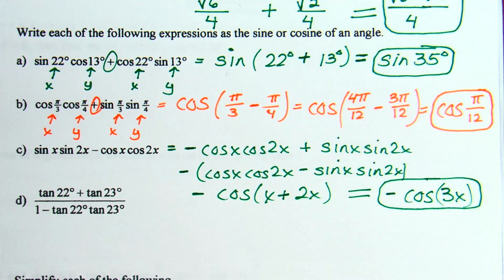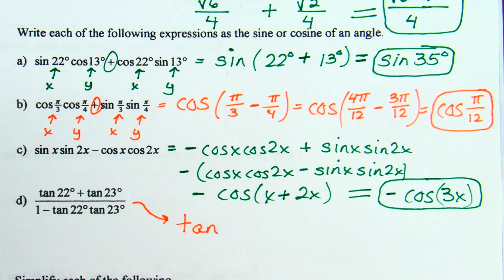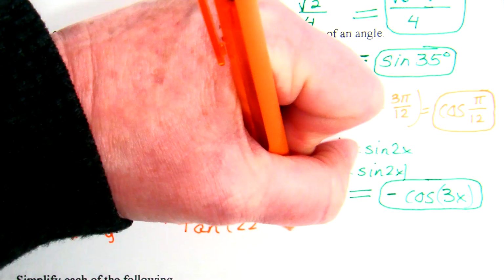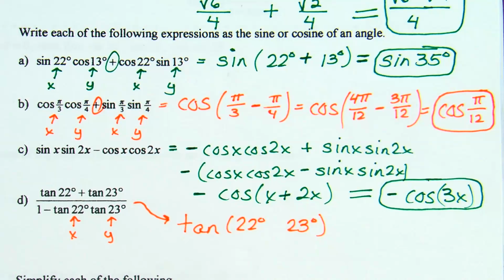Okay, D. Officially, the directions say write it with sine or cosine, but what is this one, obviously? This is a tangent, isn't it? So, bring it down here. It's obviously in a tangent setup. What are my x and y values? 22 and 23.